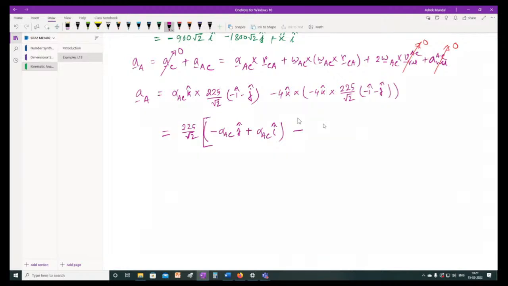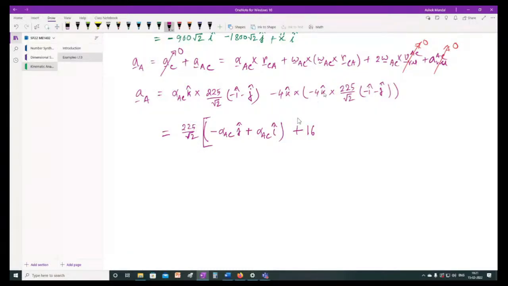Let us do it in 2 steps. The magnitude would be 16, we have taken care of this minus and this minus, so it will become plus, with 225 by root 2 taken common.